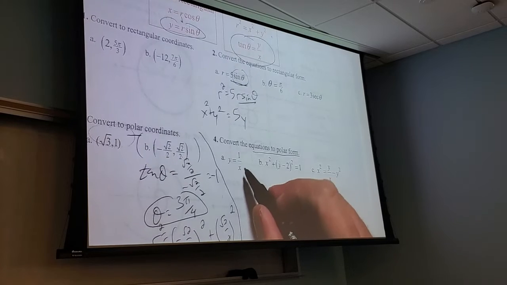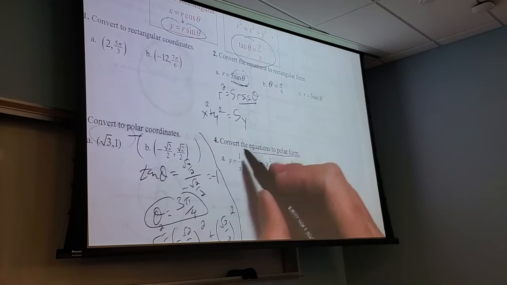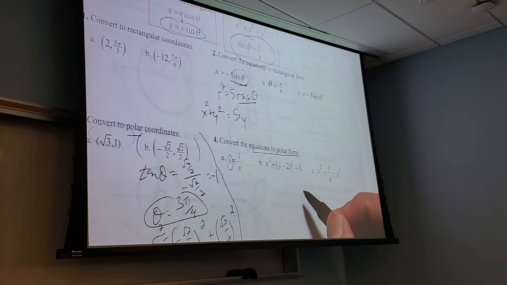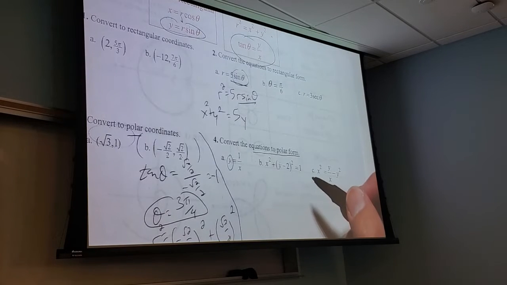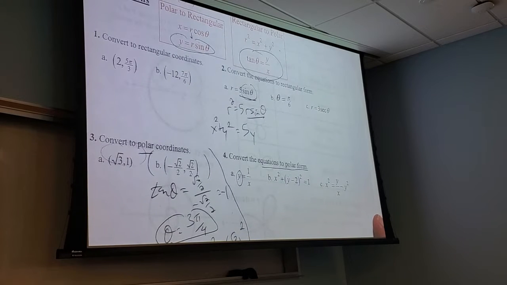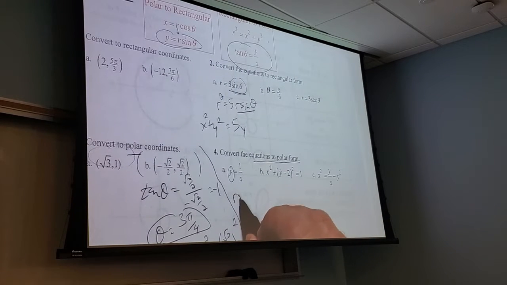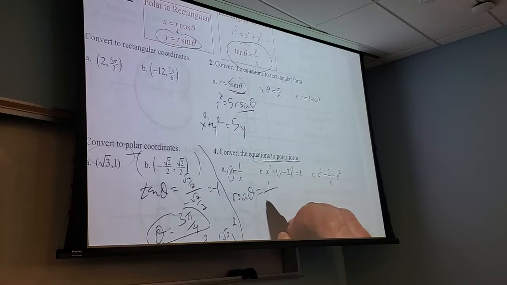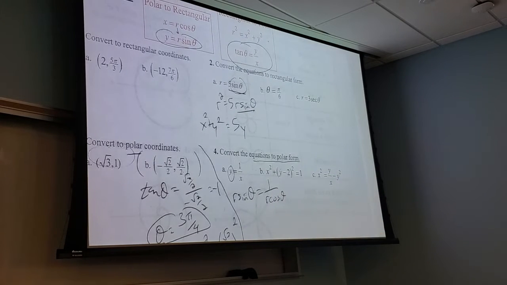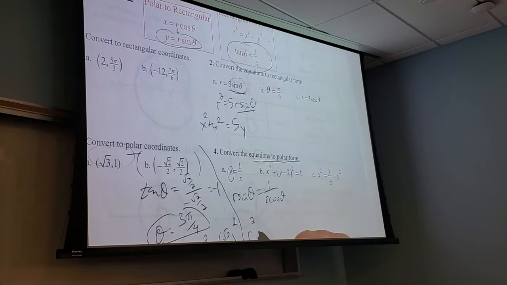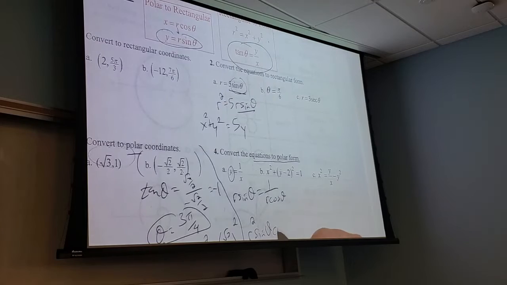So here, this is really nice. Do I know y in terms of r and theta? What is y in terms of r and theta? R sine theta. So I can just put r sine theta. And what's x? R cosine theta. So then if I wanted to, I can multiply that up and I get this.